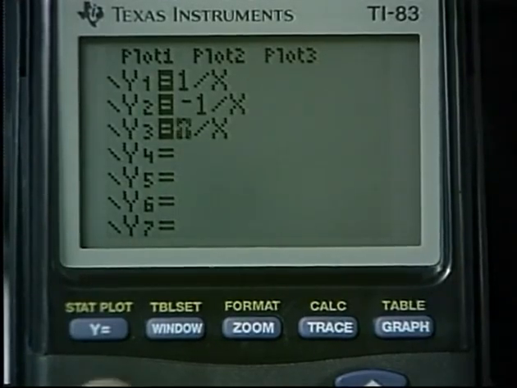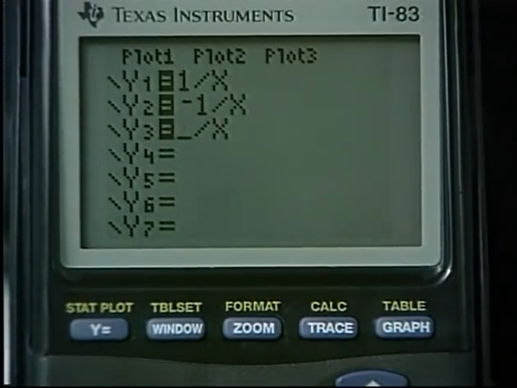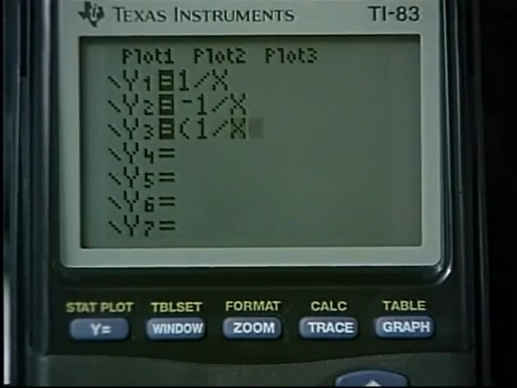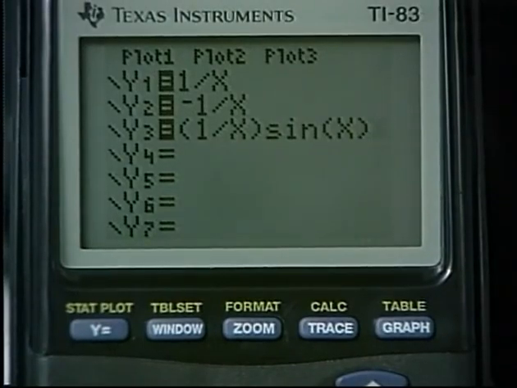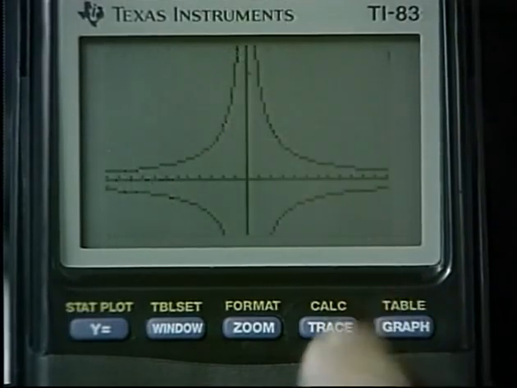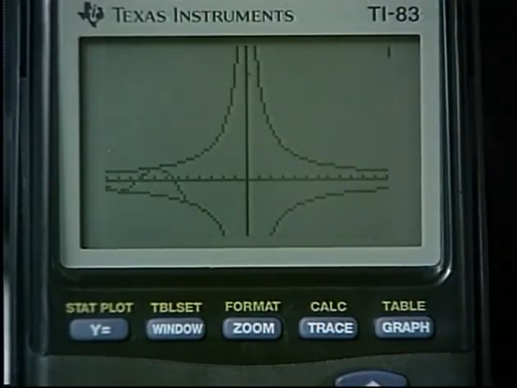I'm pressing second and insert because I want to insert an open parenthesis here, and I'll close that parenthesis on the other side. And now sine x. So all I'm doing is multiplying the 1 over x times sine x, and I am effectively putting that sine curve inside this border.